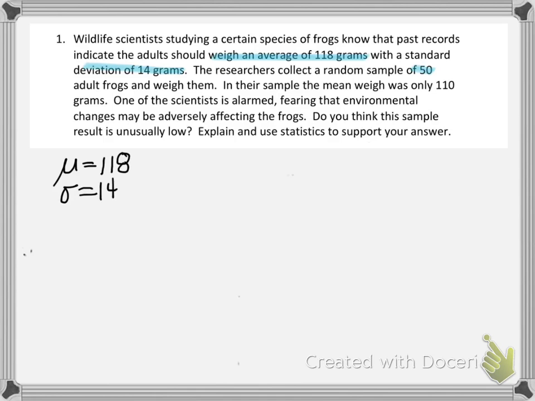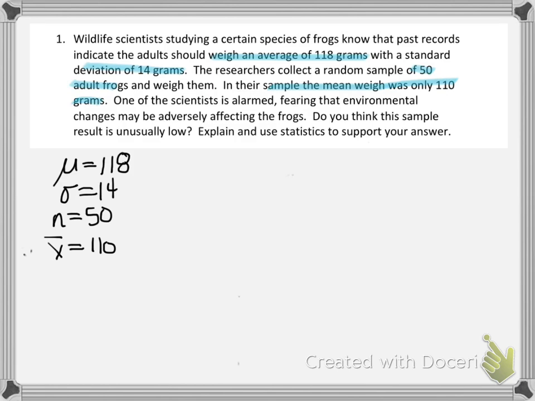We have a random sample of 50 adult frogs, so n is equal to 50. The mean weight of that sample was only 110, so x bar is equal to 110. Is the environment adversely affecting the frogs?